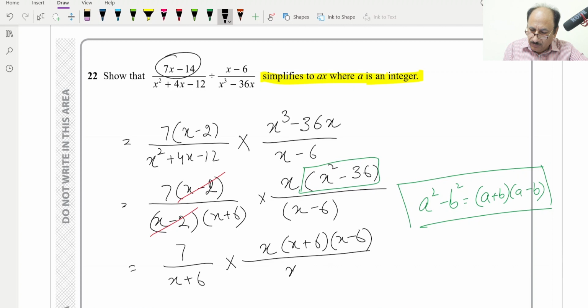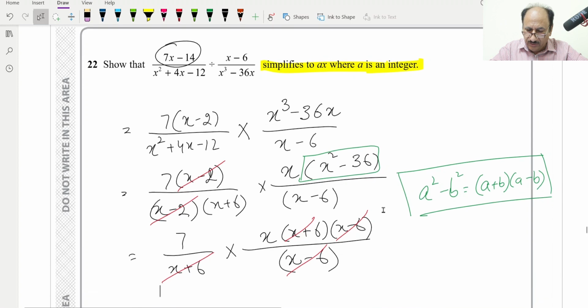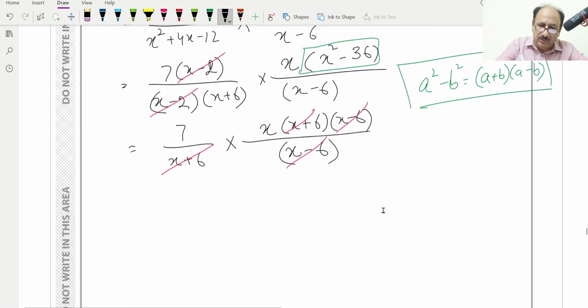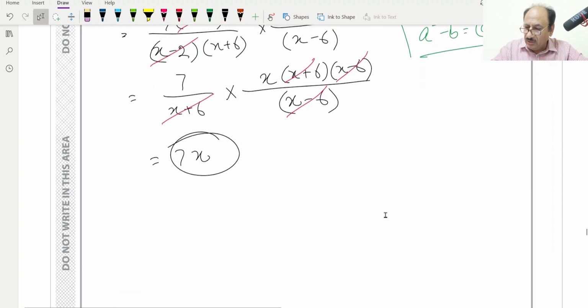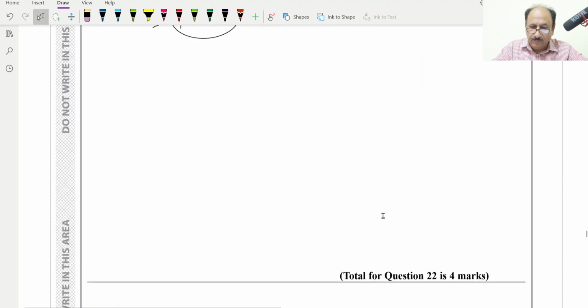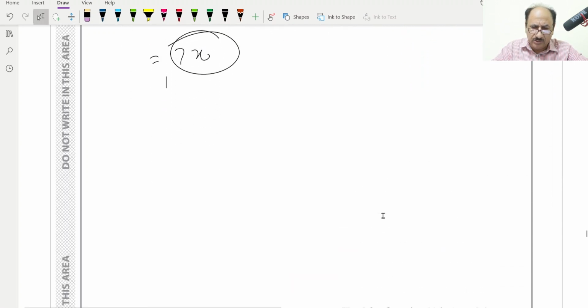I will write properly x minus 6 like this one. Now we can do cancellations. This part will be cancelled, and x plus 6 will also be cancelled, and our final answer will be equal to 7x. So this will be our final answer, which we can provide over here, basically 7x.